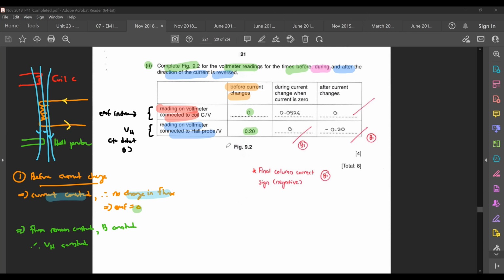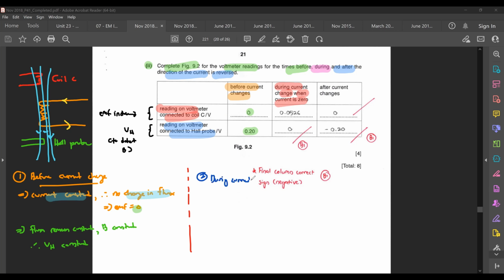Now, how about the part where you talk about during current change, when the current is 0? So here, if you're talking about during current change, this one I'll probably just write here.